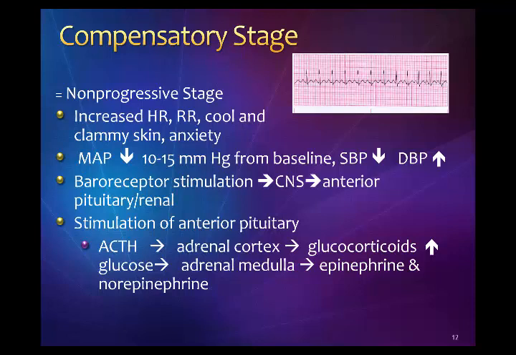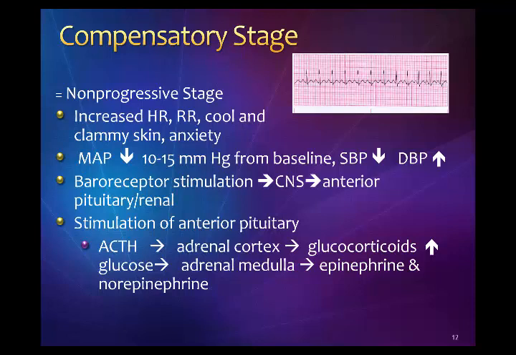So first of all, the anterior pituitary is responsible for releasing ACTH, and that comes from our adrenal cortex, which then releases glucocorticoids or cortisol, and then we count on our adrenal medulla to release epi-norepi. So we're counting on those systems to come in during this stress and help us out.